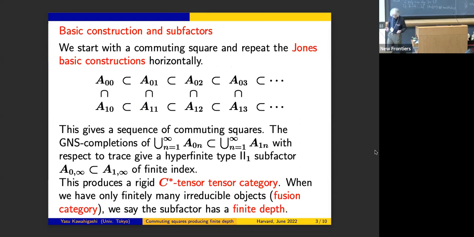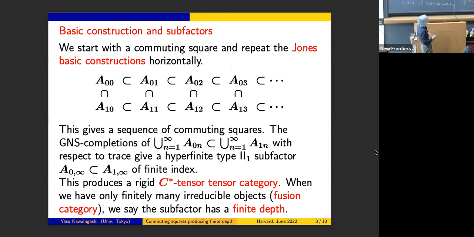Then we have the famous basic construction of Jones. Initially we have four algebras, A00, A01, A10, and A11. Then horizontally we can make larger algebras. From A00 and A01, we can create a larger algebra A02 by adding the so-called Jones projection.